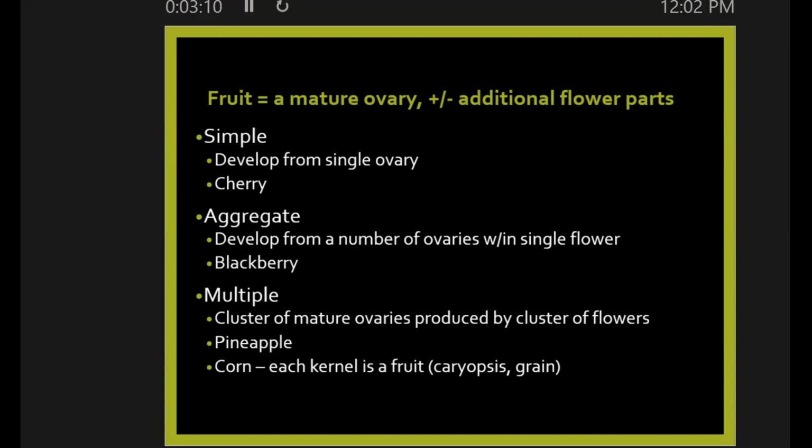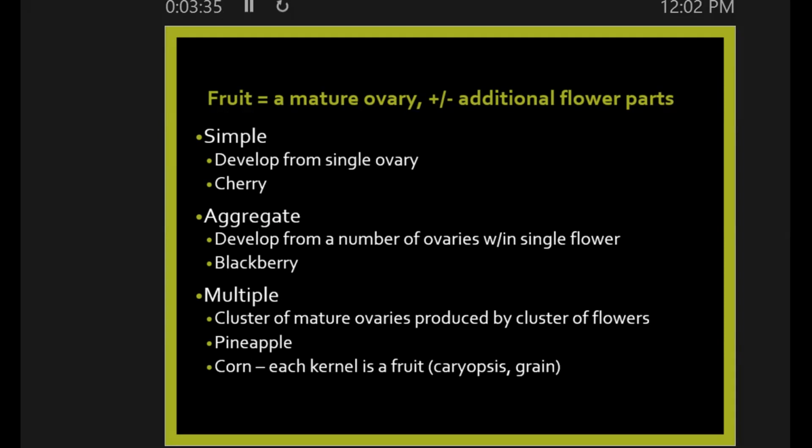So once that double fertilization event happens in the angiosperms, you get the egg fertilized, and the other sperm fuses with the polar nuclei to create the endosperm. As soon as that happens, the ovary tissue starts to grow and develop into the fruit that will then surround the seeds and the embryo inside.